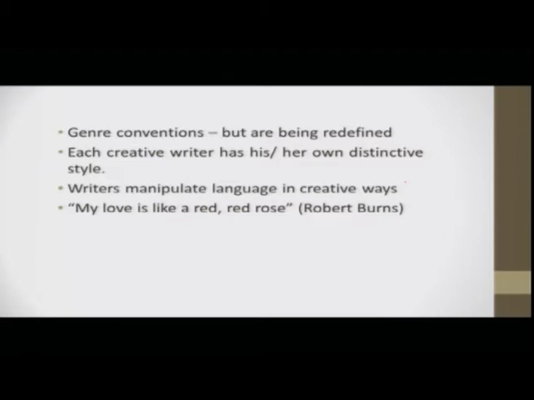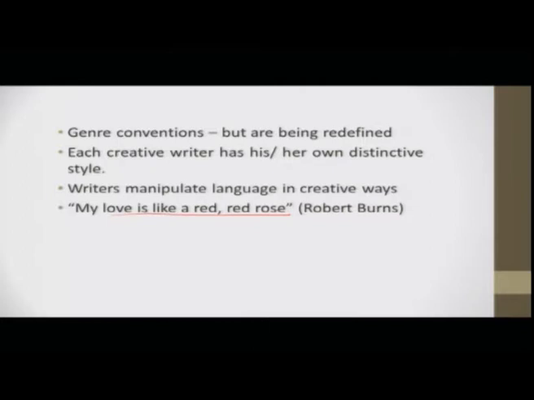Coming to language use, we know that writers manipulate language in very creative ways. For example, this is a line from Robert Burns' poem, "My love is like a red, red rose."